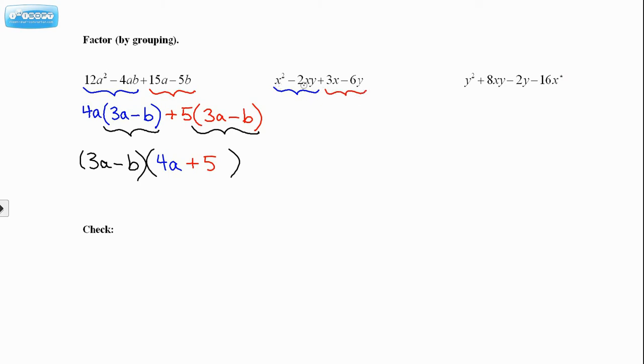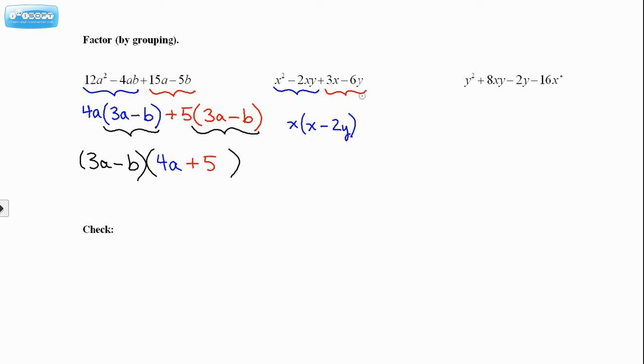So the GCF in blue, the best I can do is factor out an x. Therefore what's left is x minus 2y. And when I factor this set in red, with any luck, in brackets, I'm going to get another x minus 2y. Let's see if that happens.